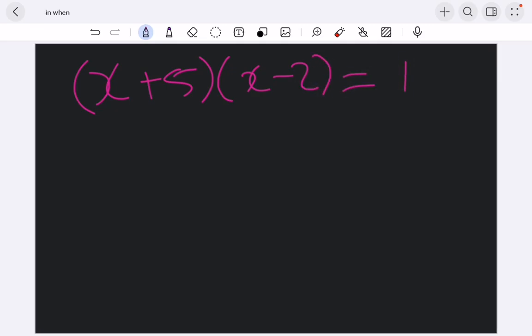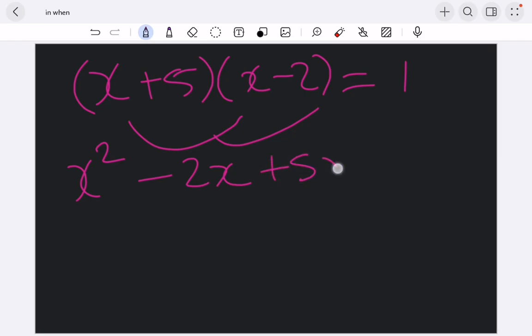If they had said x plus 5, x minus 2 is equal to 1, that's when you're going to foil it out and say this times this, and then you get x squared minus 2x, and then 5 times x, you get plus 5x, and negative times positive gives a negative. 5 times 2 is 10, and then is equal to 1.